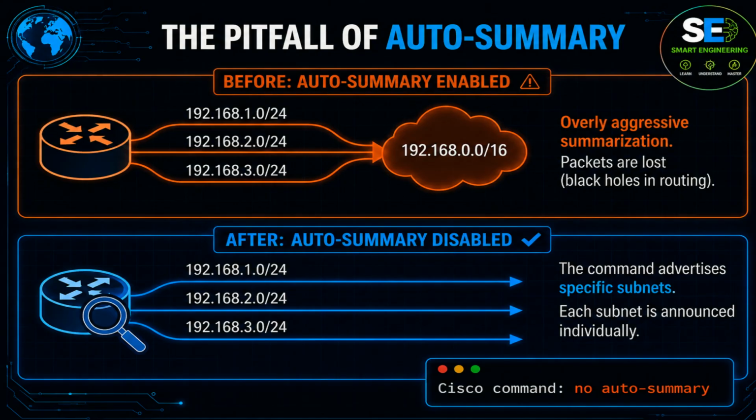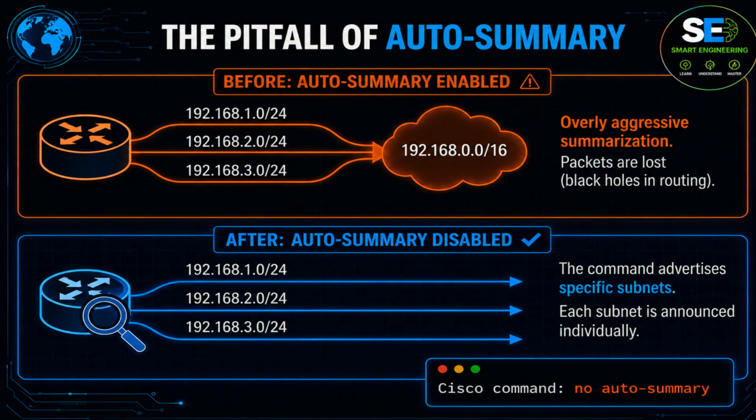Let's now explore one of the most dangerous configuration mistakes in RIP: automatic summarization, also called auto-summary. In the first example, auto-summary is enabled. The router combines several subnetworks, such as 192.168.1.0, 192.168.2.0, and 192.168.3.0 into a single large network, 192.168.0.0/16.